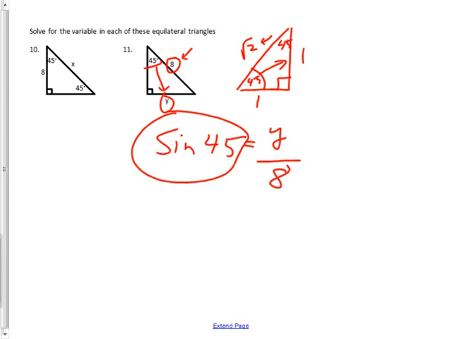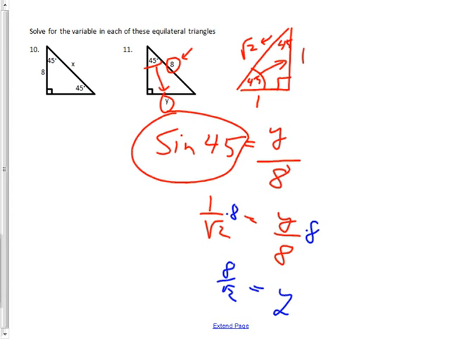Okay, and so sine of 45 would be 1 over the square root of 2 is equal to y over 8. And then this is a classic case where cross multiplying could work, but I guess I'd just multiply by 8 because I just have the y almost alone now. So times by 8, and these 8s would cancel, and I get y equals 8 over root 2.